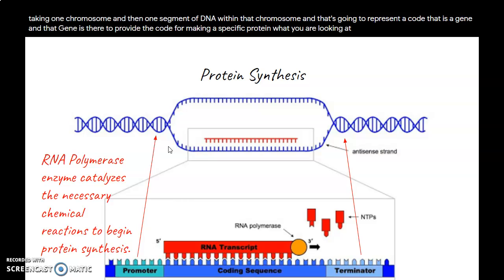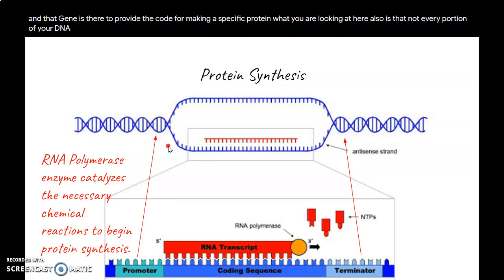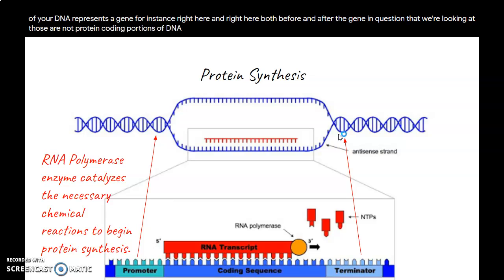What you are looking at here also is that not every portion of your DNA represents a gene. For instance, right here and right here, both before and after the gene in question that we're looking at, those are not protein coding portions of DNA.